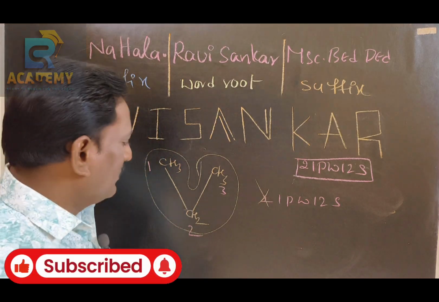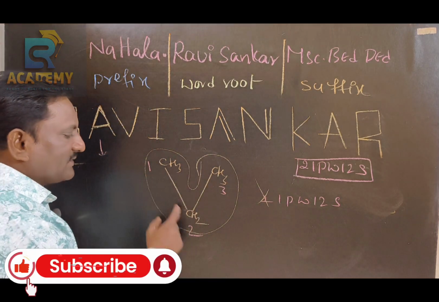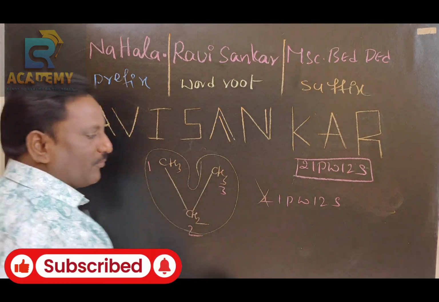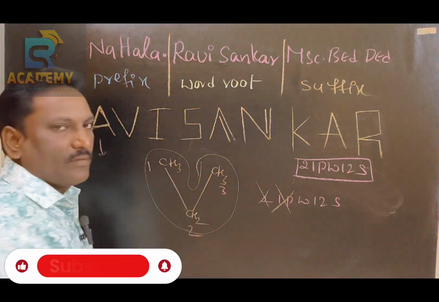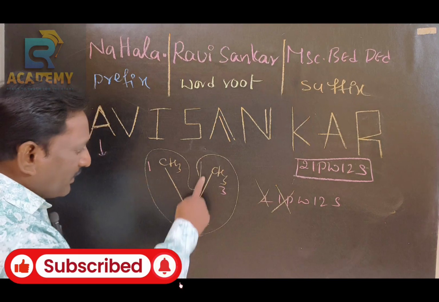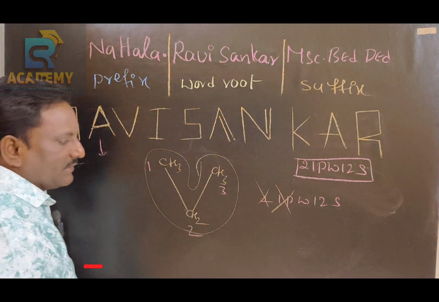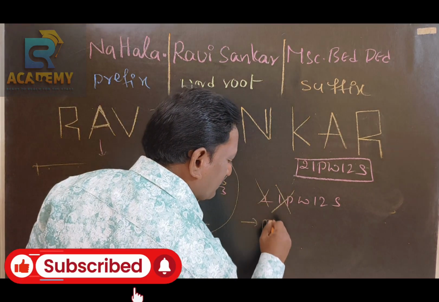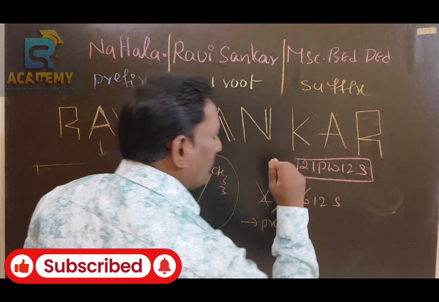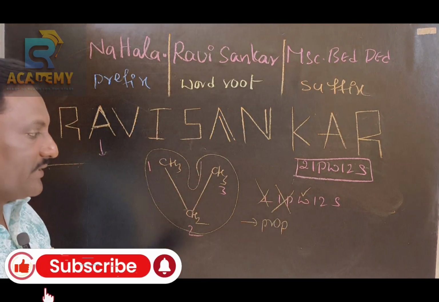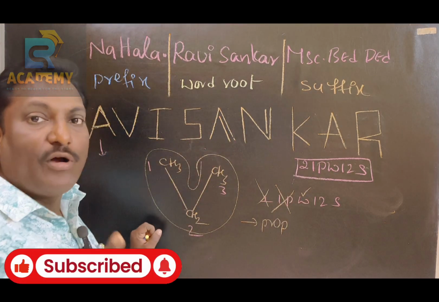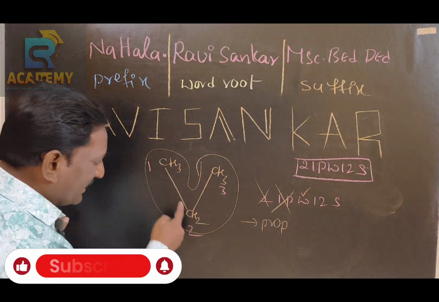Primary prefix. Cyclic or not? It's not a cyclic compound. Open compound. Word root: number of carbon atoms in the parent chain is 3. 3 means pro. Primary suffix: nature of bonds between carbon and carbon. Only single bonds.